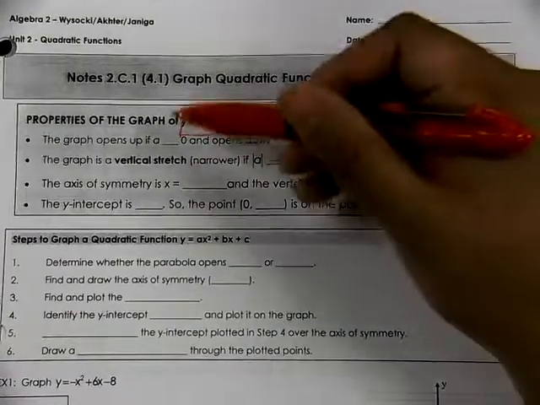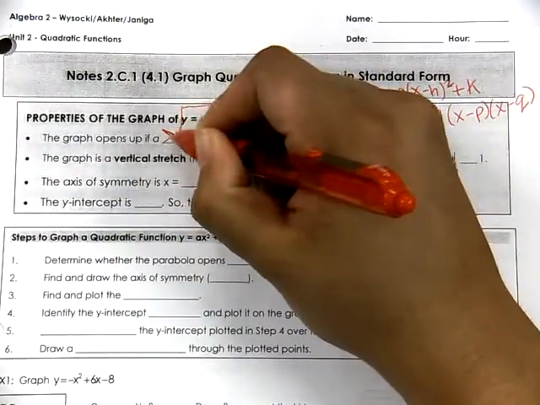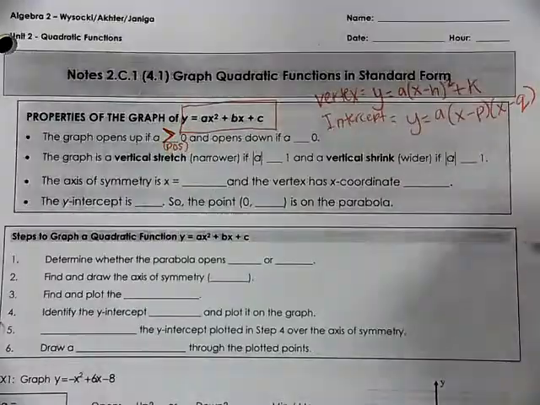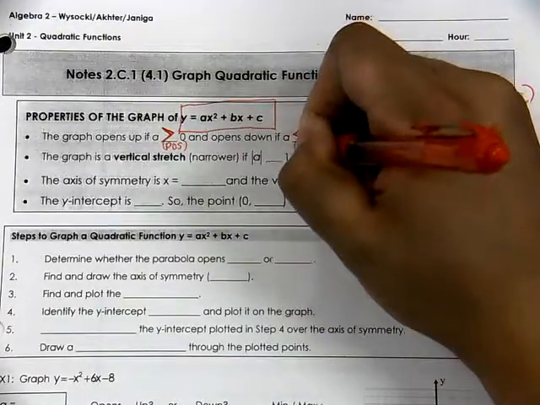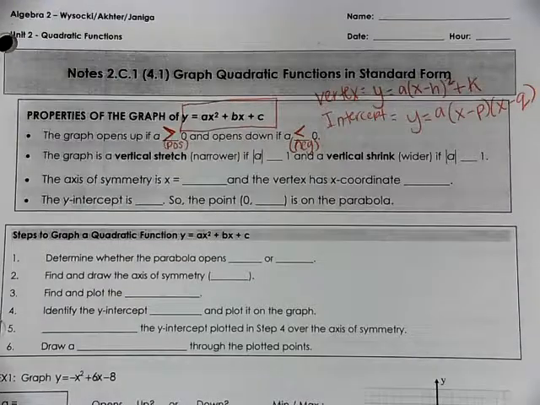But again, the beginning part is all very much the same. Remember, the graph opens up if A is positive, or if A is greater than 0. I'll write positive in parentheses there. And it opens down if A is less than 0, or obviously negative. And then the same things as before.